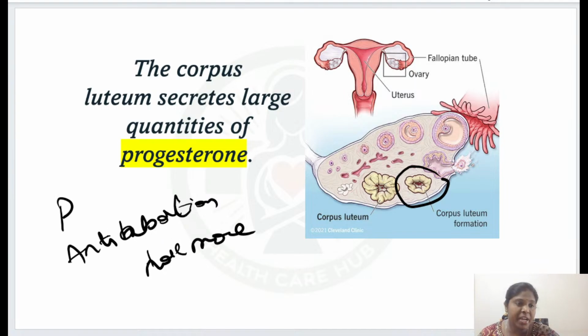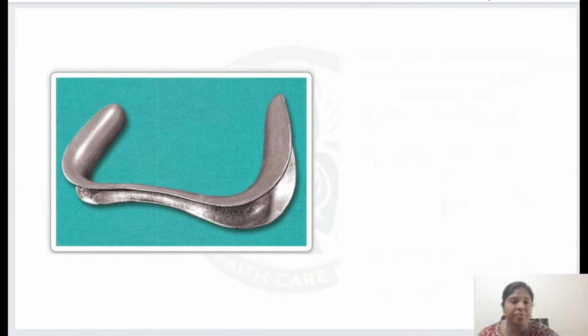Next, I would like to show an image, and you have to guess what this particular instrument is, which we use in obstetrical and gynecological nursing, in the procedures we do. Josas, welcome, hi.